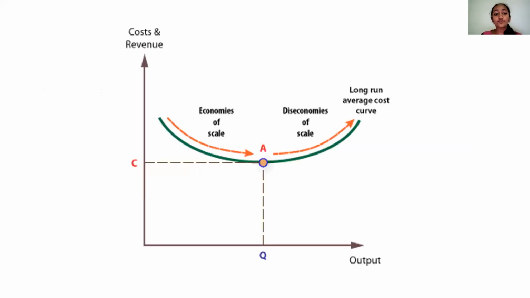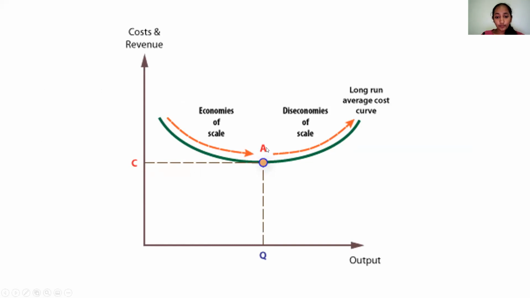This is representing economies of scale and diseconomies of scale on a graph. Whatever you see on the left side of the graph is all economies of scale, and anything above this point is diseconomies of scale.